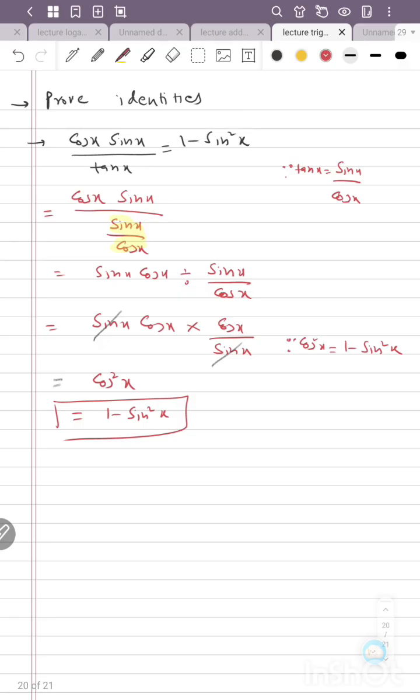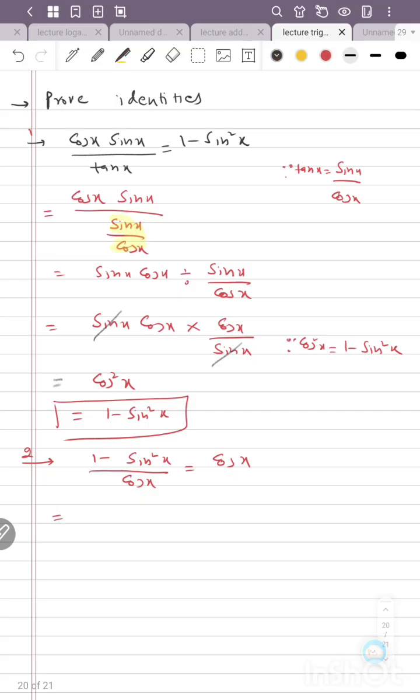We will start the second part, the b part. The second part is 1 minus sine square x divided by cos x, which equals cos x. Very simple.